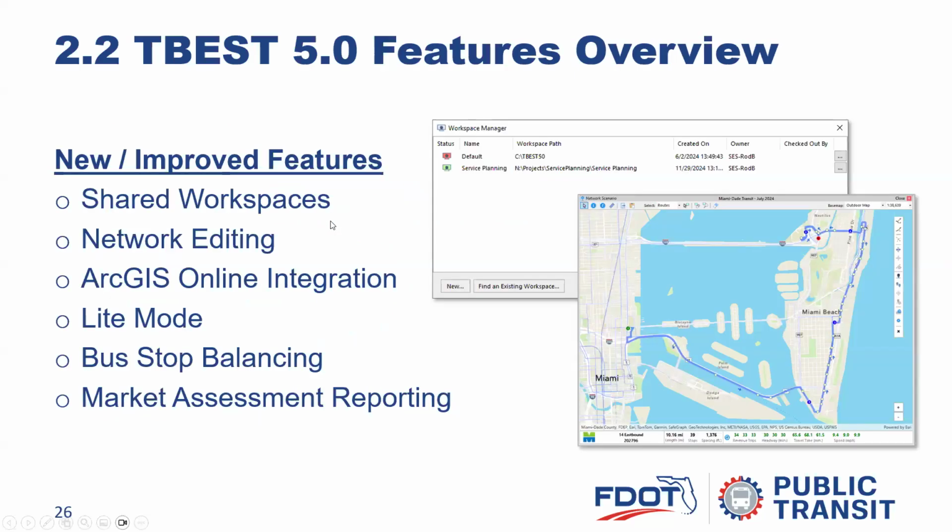All right, some new features in TBEST 5: shared workspaces. They are basically areas where you can create folders up on a shared drive within your organization and store transit systems in that shared drive, and multiple people can come in and access those transit systems.